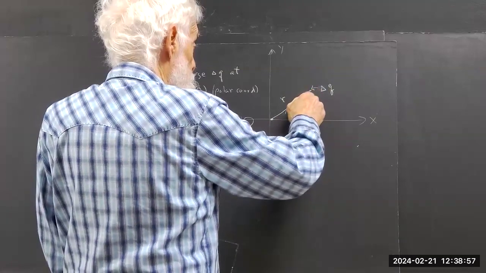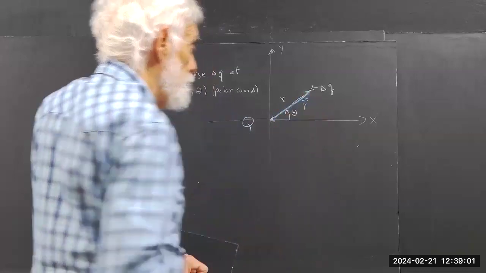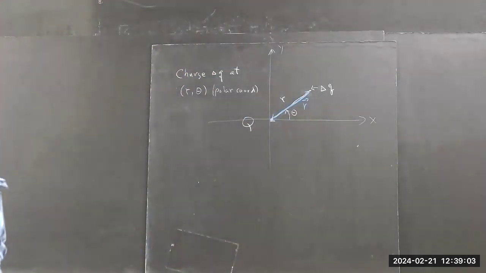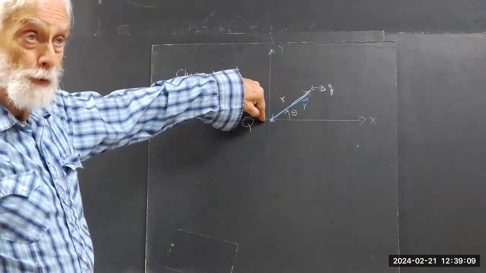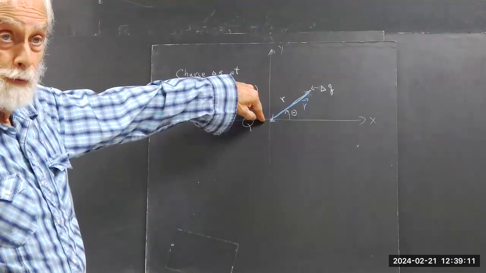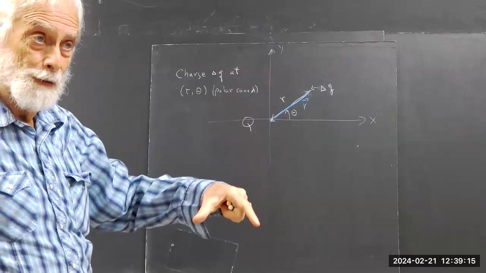But the r vector that we're going to use for Coulomb's law goes from this point to the point where we're calculating the force or the field. Remember how I stated it.